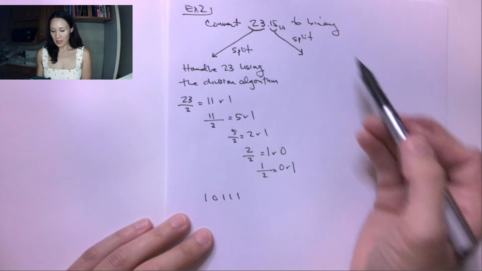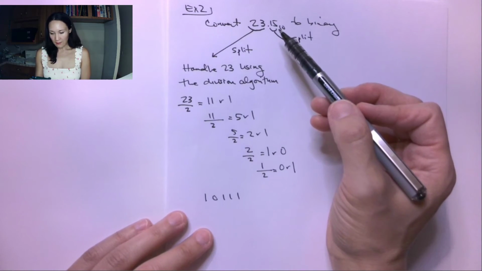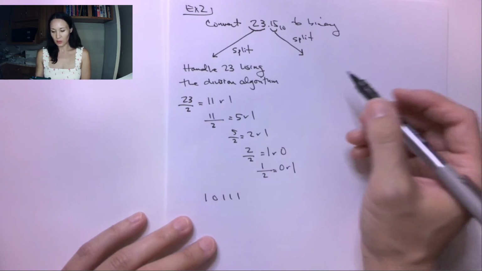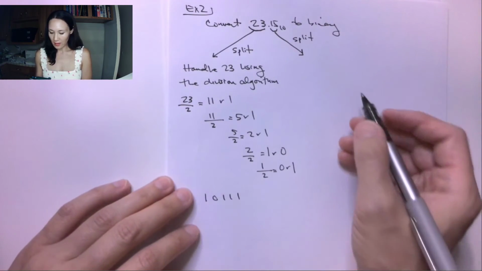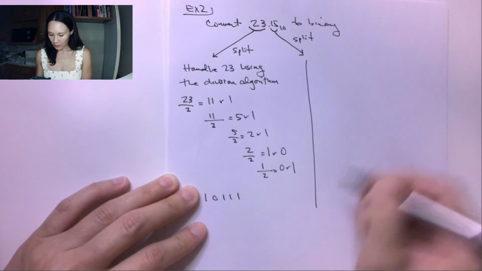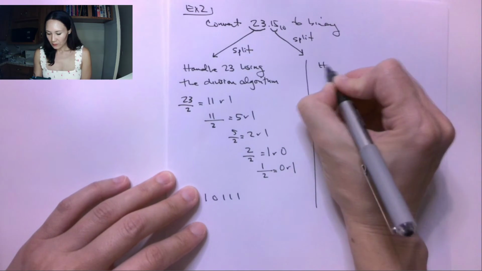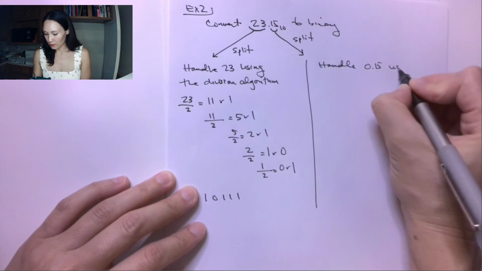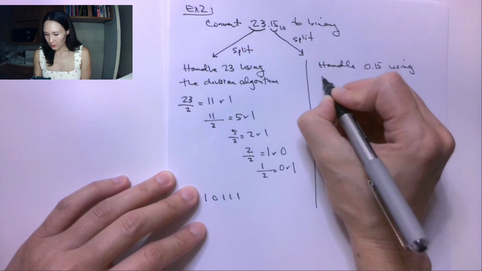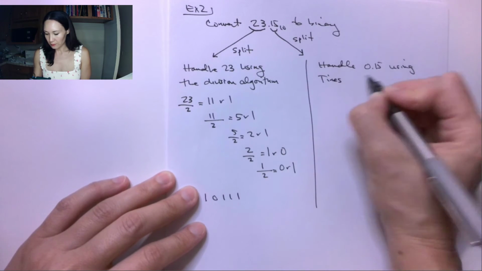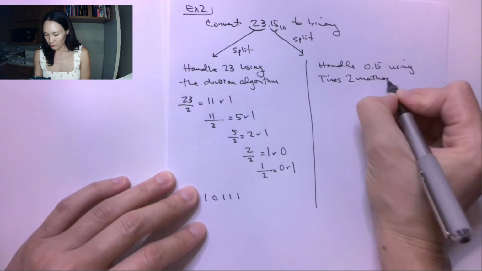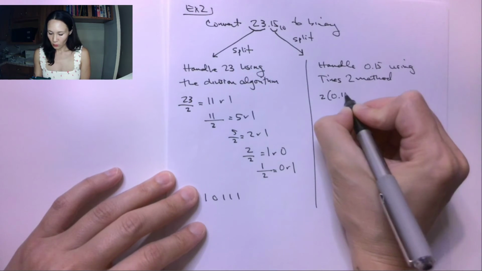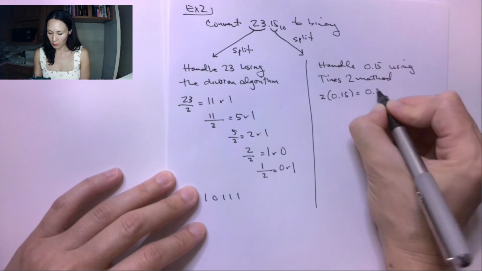Now for the fractional part, I'm going to use the times 2 method, just like the example we did before. We handle the 0.15 using the times 2 method. 2 times 0.15 gives us 0.3.